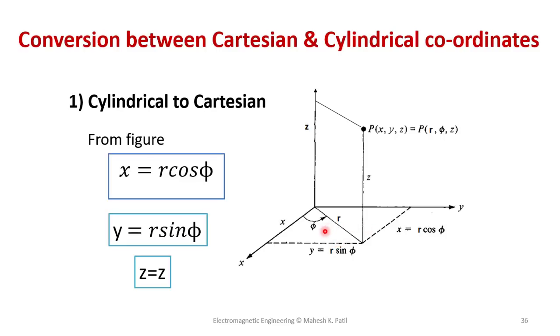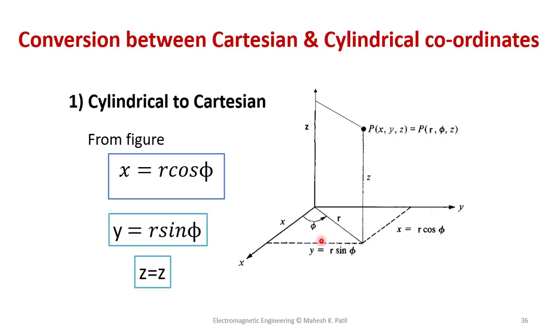Similarly for the same right angle triangle, if I want to calculate this distance, this will be the x distance, and cos phi will be the adjacent side divided by the hypotenuse. If I do the cross multiplication, I will get the x distance as r cos phi. So this is r cos phi and this is r sin phi for this triangle.